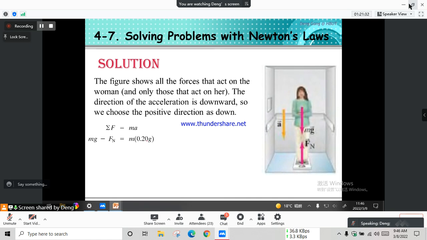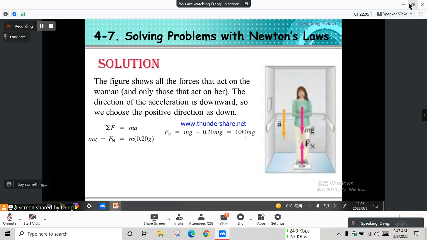While ma is equal to 0.2 g, where g is the acceleration near the surface of the Earth. And we can calculate that if mg is your weight, the reading is only 0.8 times your weight. And maybe you are happy because you say, okay, I'm lighter.